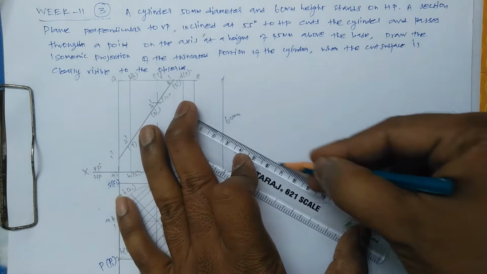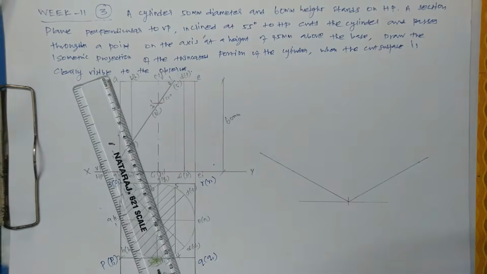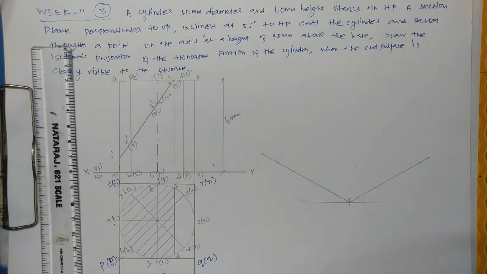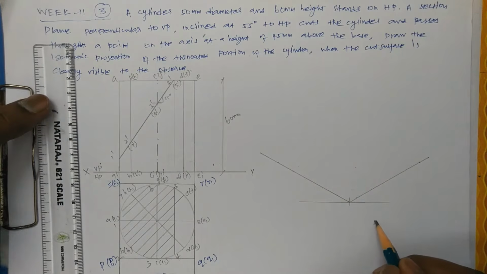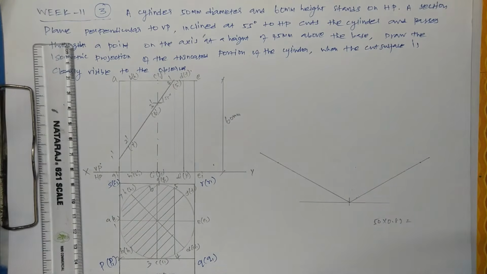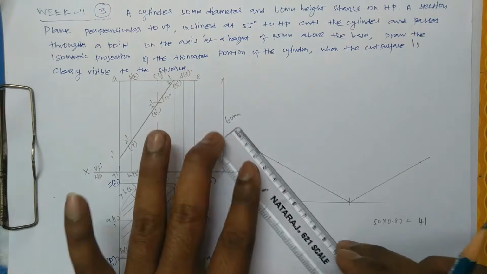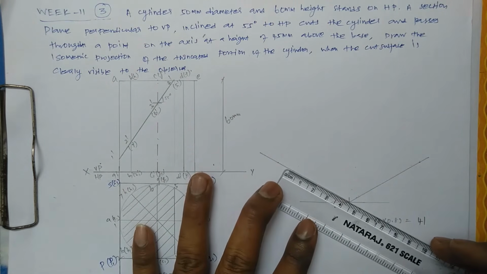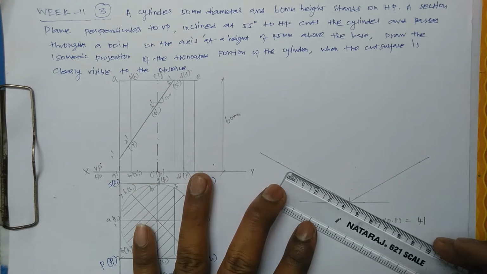And measure P to Q and foreshorten it, that is 0.82. It might be 41. In all directions, since it is a square, it is 41, and transfer this distance on the isometric plane.